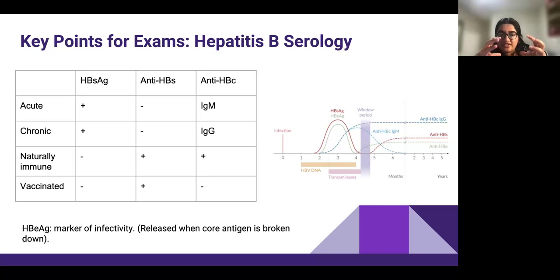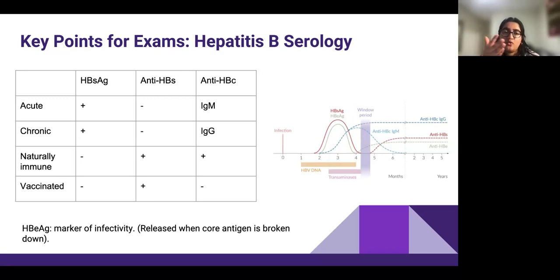Because it's on the surface of the hepatitis B virus, it's kind of picked up first. That's how I think about it. So it's present in acute and chronic. In somebody who's naturally immune, they would have already fought off the outer bit of the hepatitis B virus, so I don't think it's present.